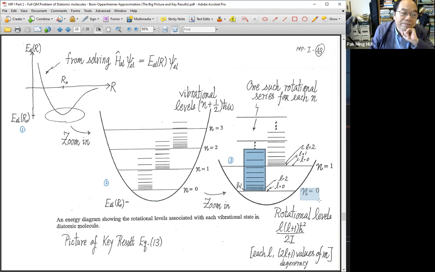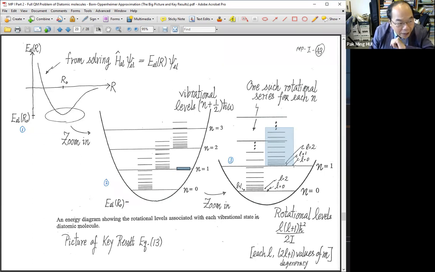Come on, okay, but it's not the end of the story. I could start with the first excited vibrational state, n equals 1, and again, start drawing L equals 0, 1, 2, 3 for the rotational one.